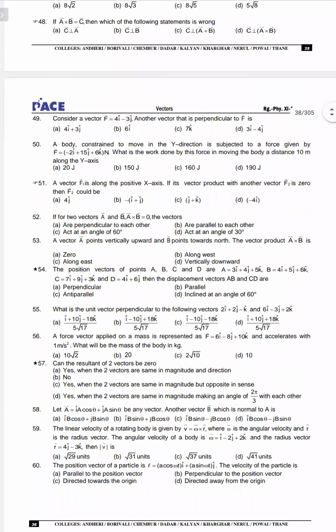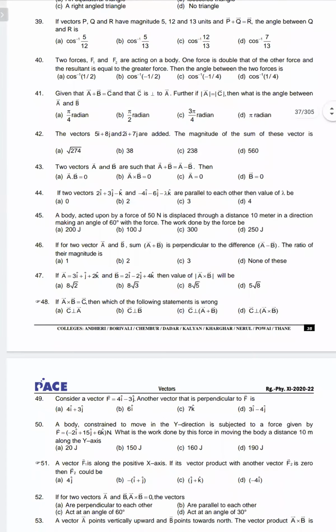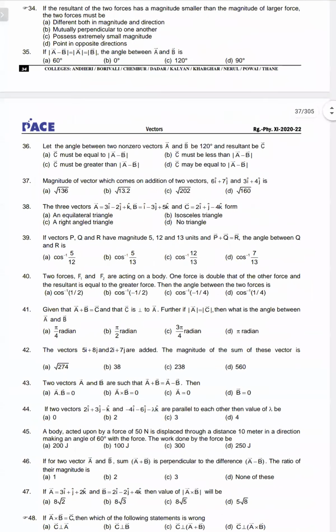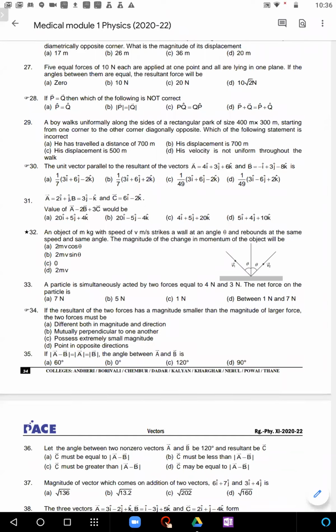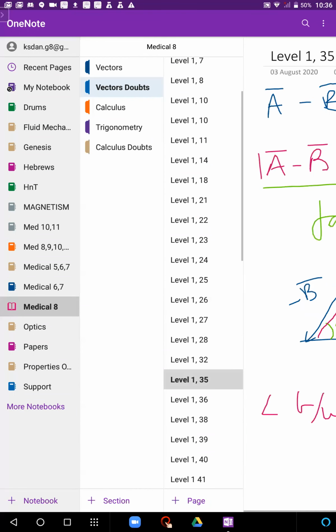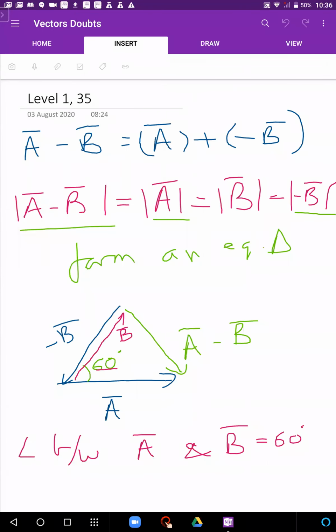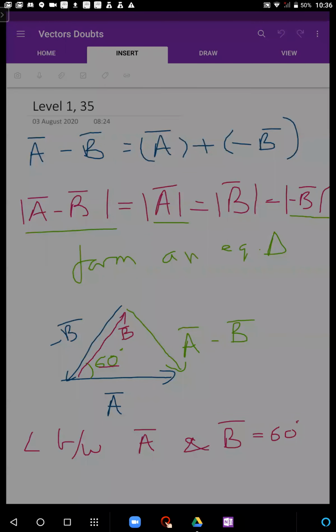Alright, so let's start with 35. If the magnitude of A minus B is equal to A is equal to B, the angle between A and B is, alright? You were saying 39, okay. Was 39 in the homework? 39 is also not there. Was there a typo again? 39 also was not given.